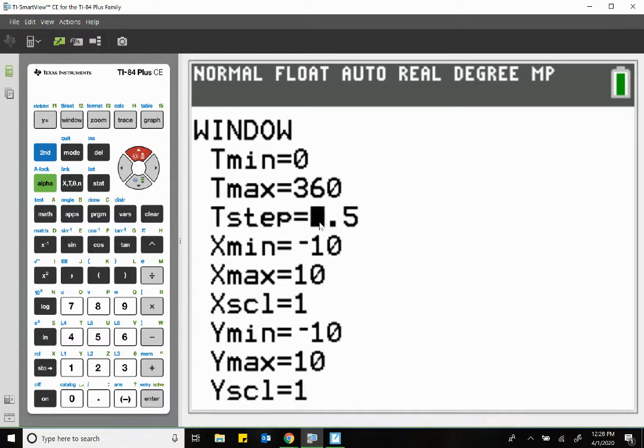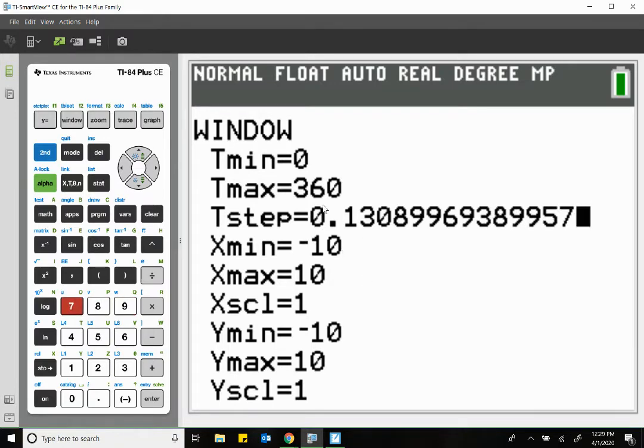Yeah. My step is going by 0.1308999. I would put that in there and see what it all does, because this is what my steps were going by, and this seems like it's working a lot easier.